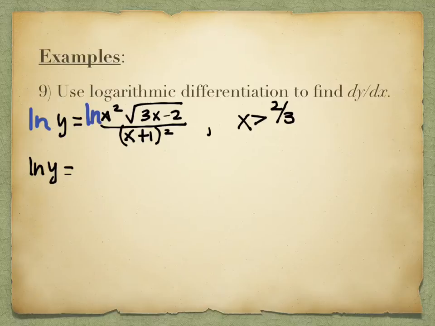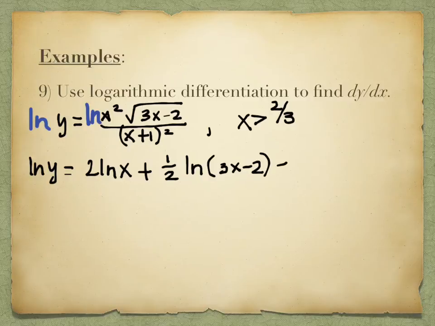Noticing here that I have x squared, right? So I'm going to put the 2 in front. So this is 2 natural log of x. There's more in the numerator, so I'm going to add. Now, that square root of 3x minus 2, the square root, as we saw before today, is a 1/2 power, right? So I'm also going to pull that to the front. That's a 1/2 natural log of 3x minus 2.